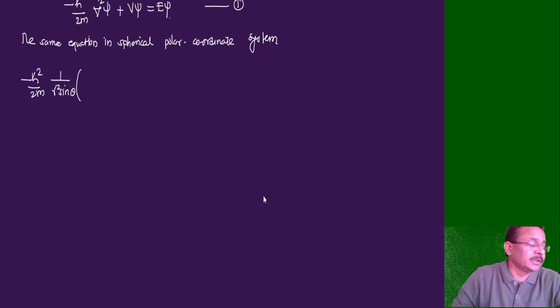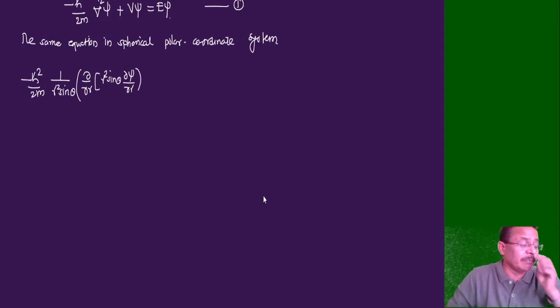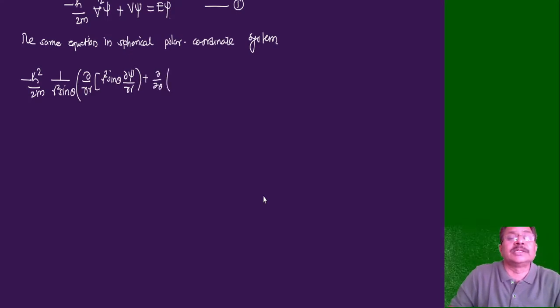Then the first term is del upon del r in the bracket r square sine theta multiplied by del psi upon del r. This is my first term in the del square, plus the second term is del upon del theta of sine theta into del psi upon del theta.